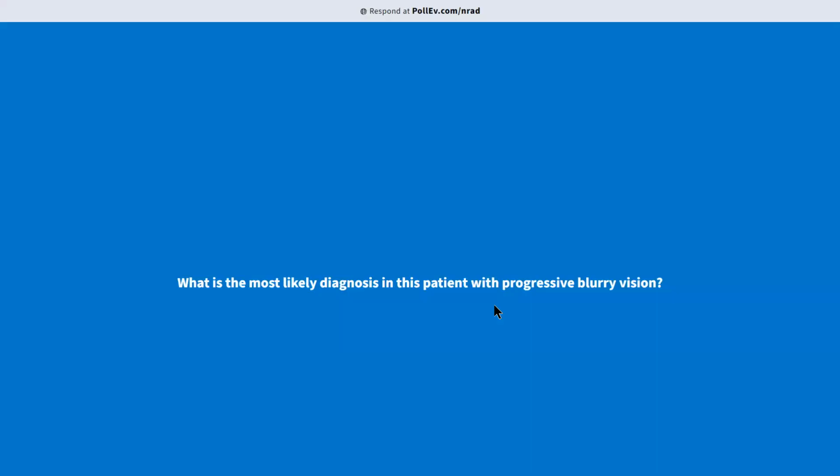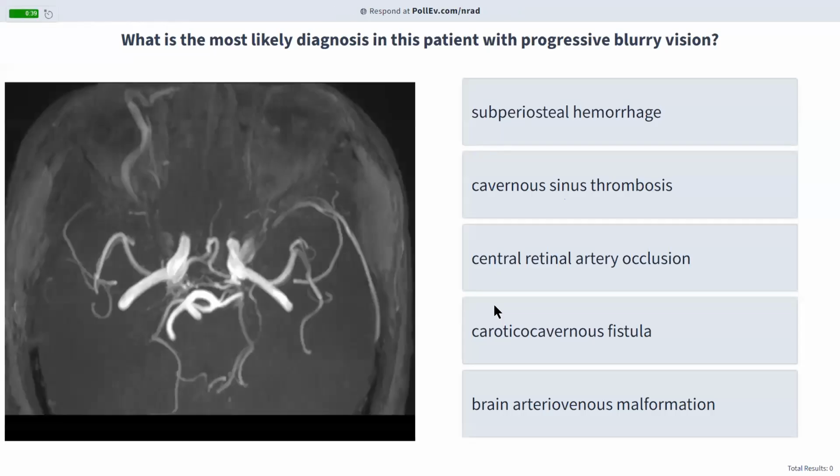The next question is, what is the most likely diagnosis in this patient with progressive blurry vision? This is an MR angiogram maximal intensity projection image.